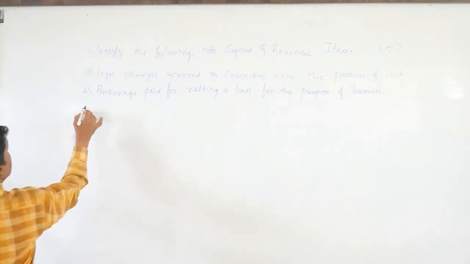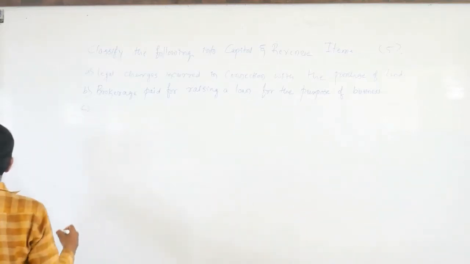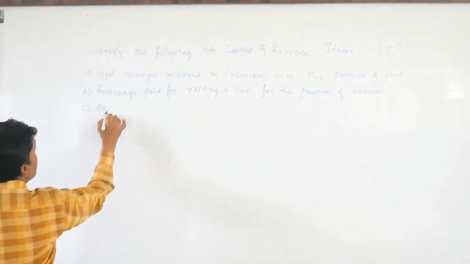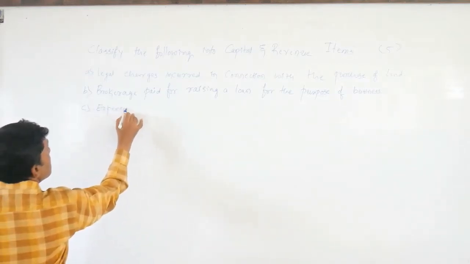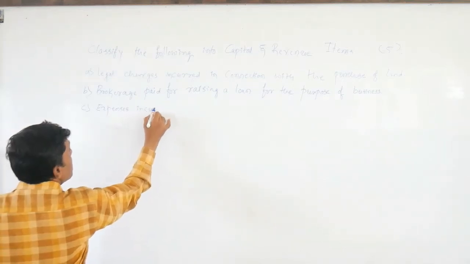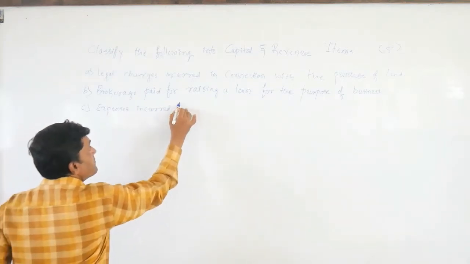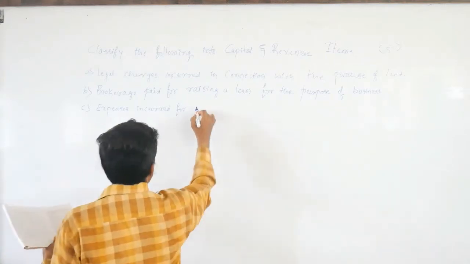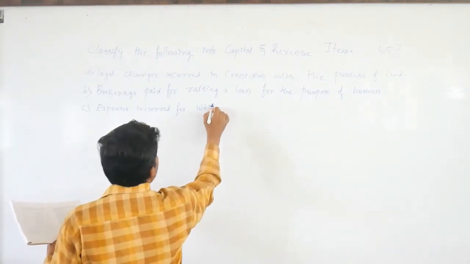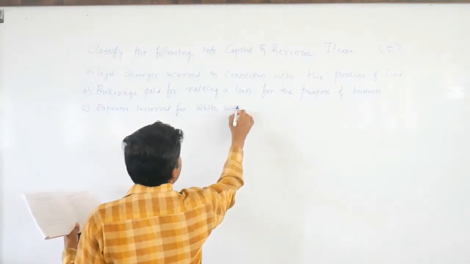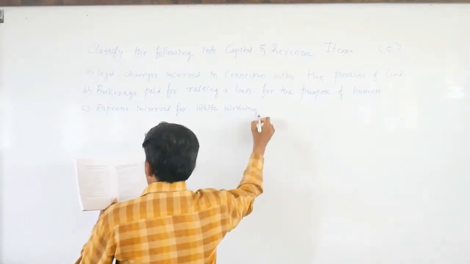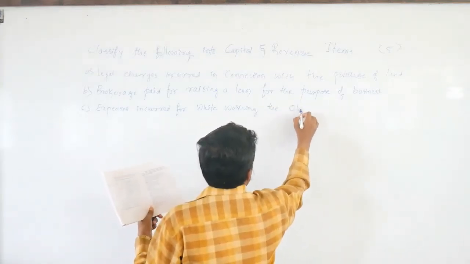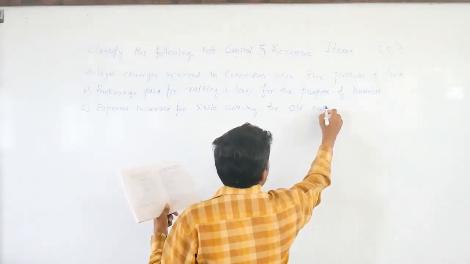Okay, the point number C, expenses incurred for whitewashing the old building.